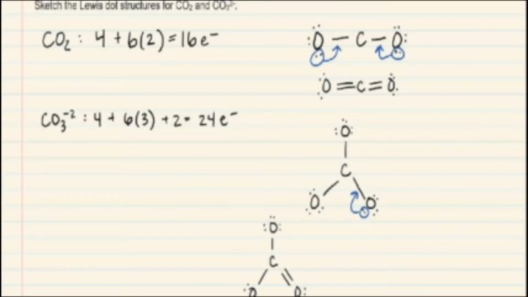Oxygen is in the 6th group, and we have 6 valence electrons. But because there are 2 oxygens, we will have a total of 12 valence electrons for oxygen. So we add oxygen's 12 valence electrons and carbon's 4 valence electrons, and we'll have a total of 16.